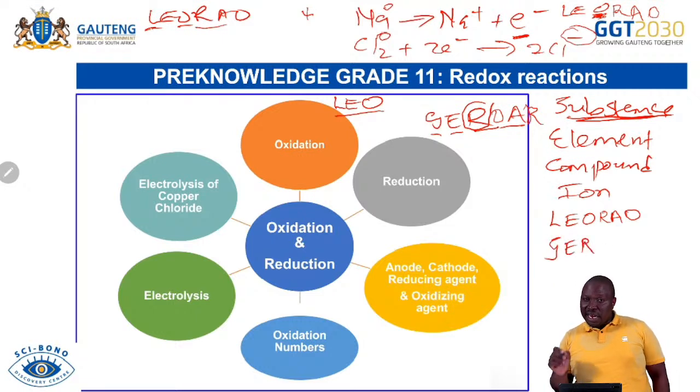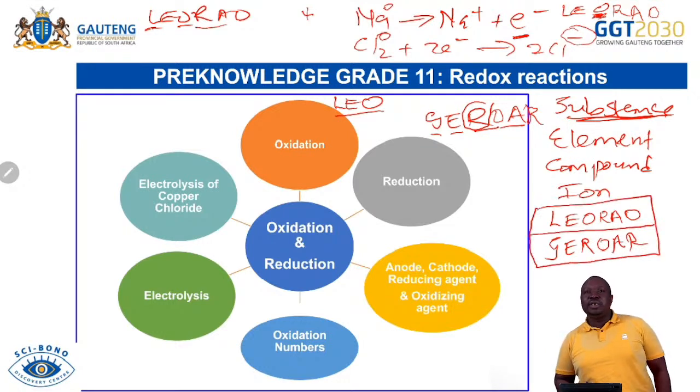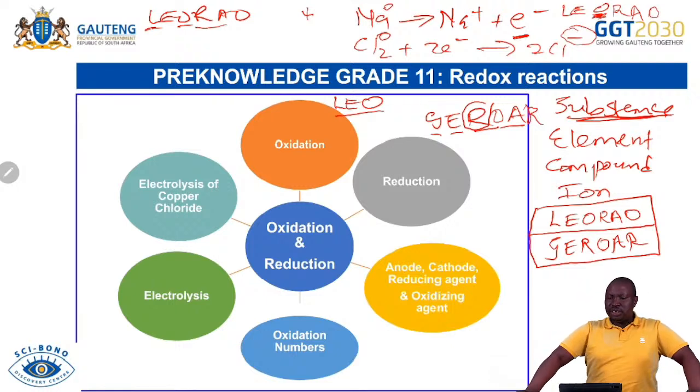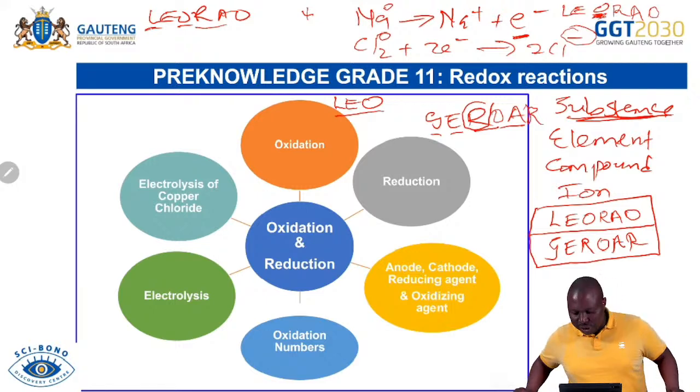A substance that undergoes reduction, we call it oxidizing agent, and that is reduced. So these mnemonics, you must remember them at all times because they will help you. You must collect all these marks. When it comes to definitions, you must sing all the definitions. So don't forget these mnemonics, LEO RAO and GER OA, to remember all the definitions that we've done.